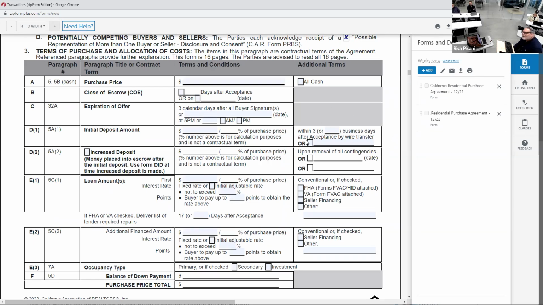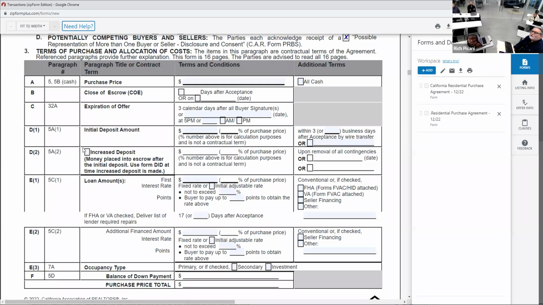Within 3 business days after acceptance, and it defaults to wiring to escrow. So everything else is calendar days. This is the only thing that is business days. And no, Saturday is not a business day for banks, even though some banks are open. It doesn't count as a business day. So that is the initial deposit.